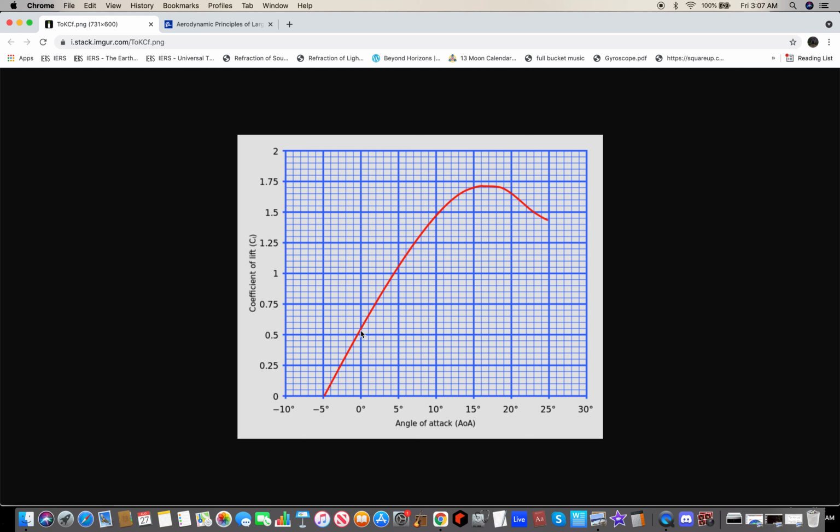Now, most airfoils, which is the wings, right, at this point of 0 degrees, they lose all positive lift, right? All. But there is one type of wing, a cambered airfoil, that will hold a certain amount of positive lift, right, below 0 degrees.